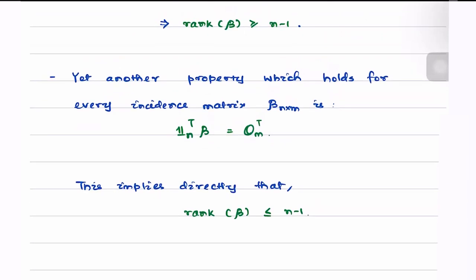So what do we have? We have two different things. First, we see that rank of B has to be greater than or equal to n minus 1. Secondly, we see that rank of B should be less than or equal to n minus 1. When can these two inequalities simultaneously hold? Let's write this as a first inequality, 1, and this as a second inequality, 2.